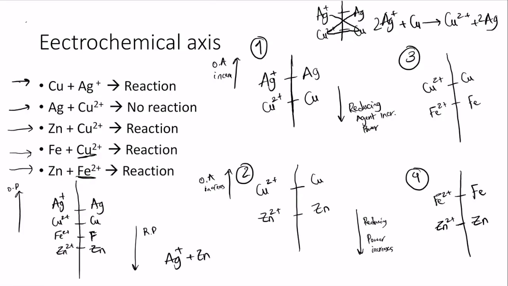We have here Ag+ and Zn, we have a reaction. I can form the gamma rule from here to there, and I can form the gamma rule as well for Cu2+ and Zn, which gives us Zn2+ and Cu, as long as I have a stronger oxidizing power reacting with a stronger reducing power.